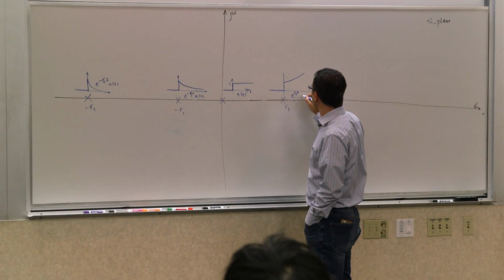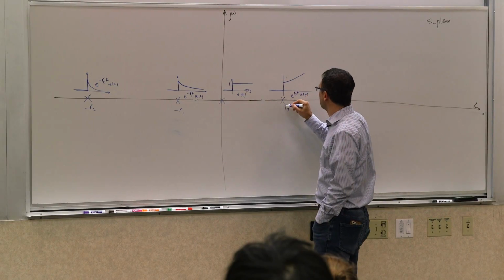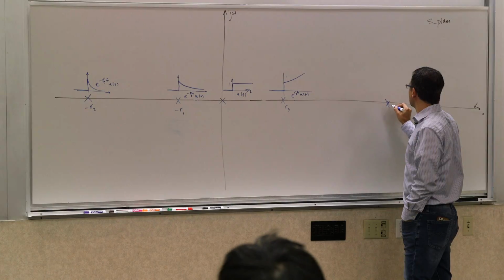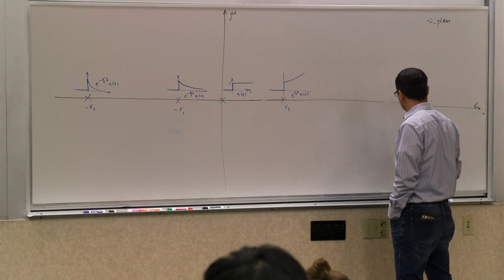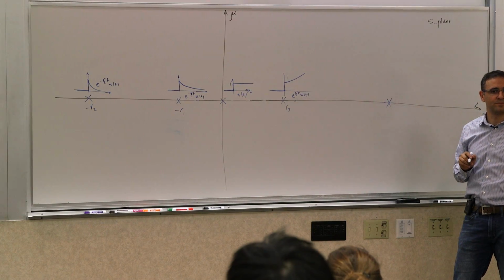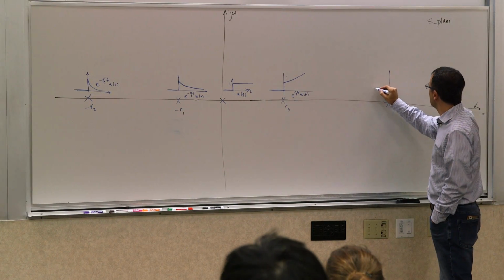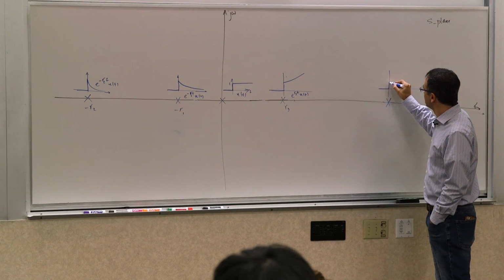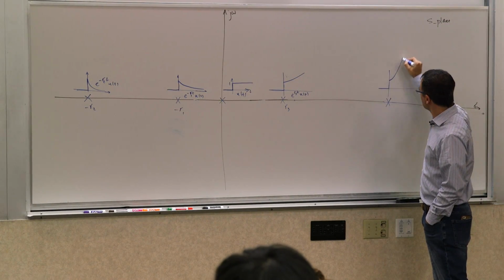So this is going to be e to the R3t u of t. So it's going to be an exponential. And if I put one down here, what would that look like? Oops. That looks like a double pole. But how would that look? What's the impulse response of this system? It's an exponential that just grows faster.